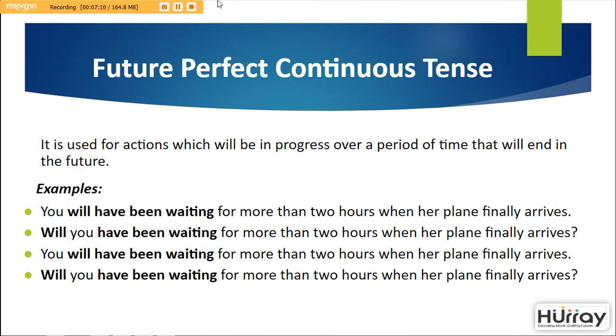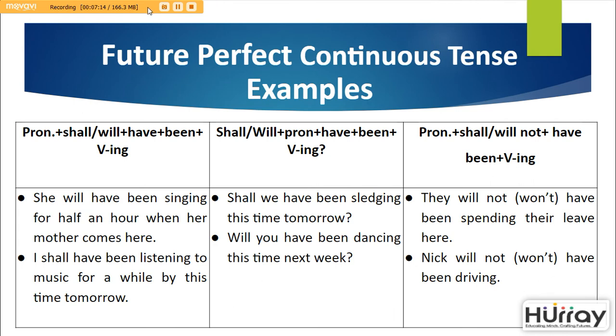Now let us have a look at some more examples of the future perfect continuous tense. First, the pronoun plus shall or will plus have plus been plus verb ending in ing.